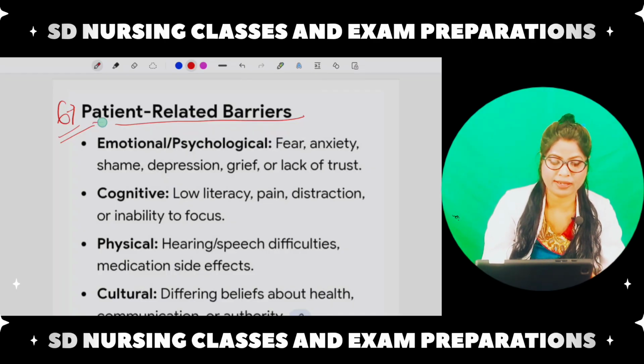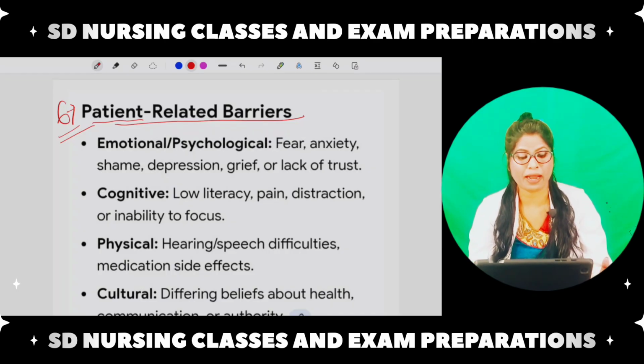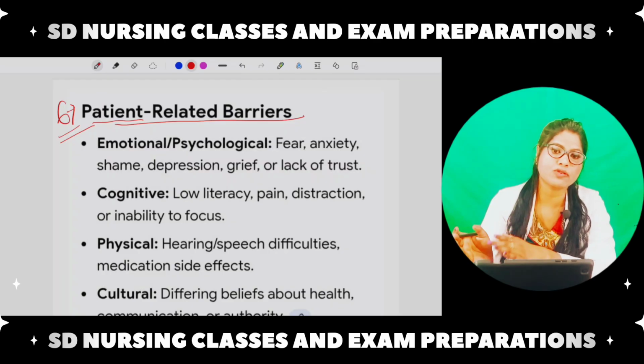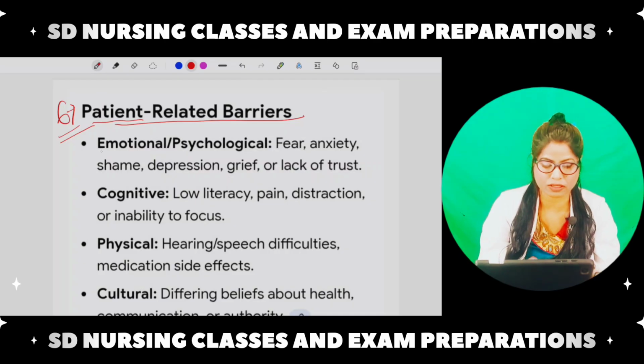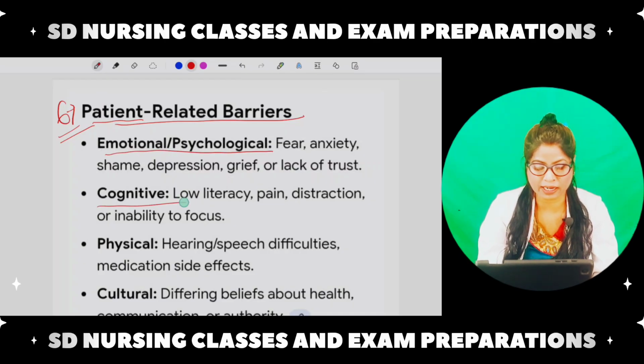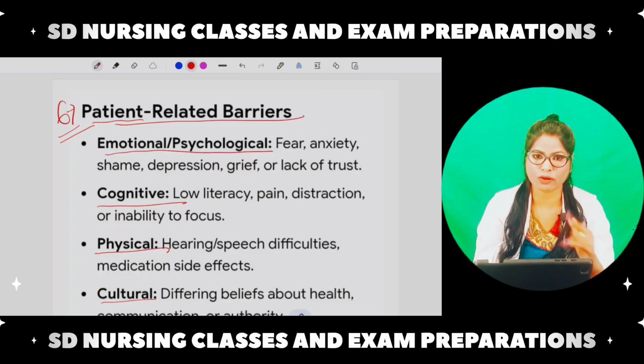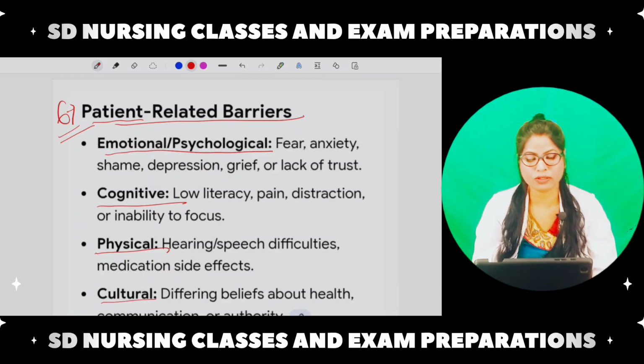Now we will study patient related barriers, meaning which barriers may come from the patient side, which can affect communication. First one is emotional, then physical, cognitive, cultural. Emotional and physical we already studied in the first, psychological and social barrier.